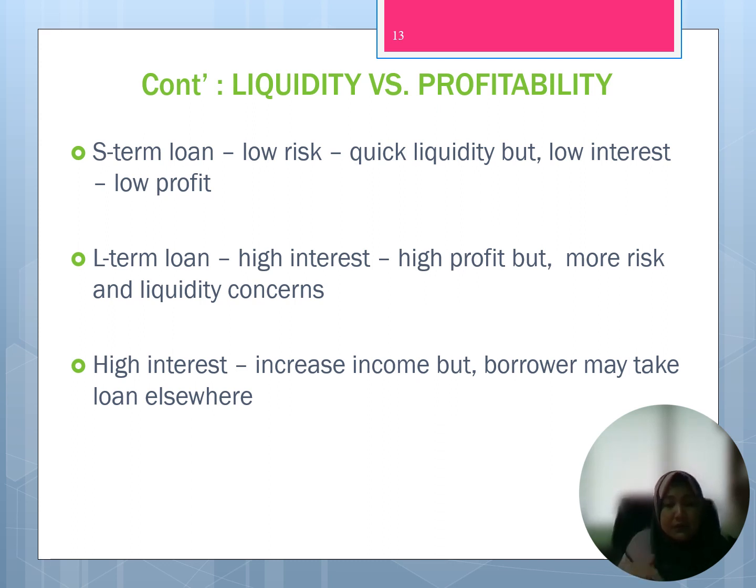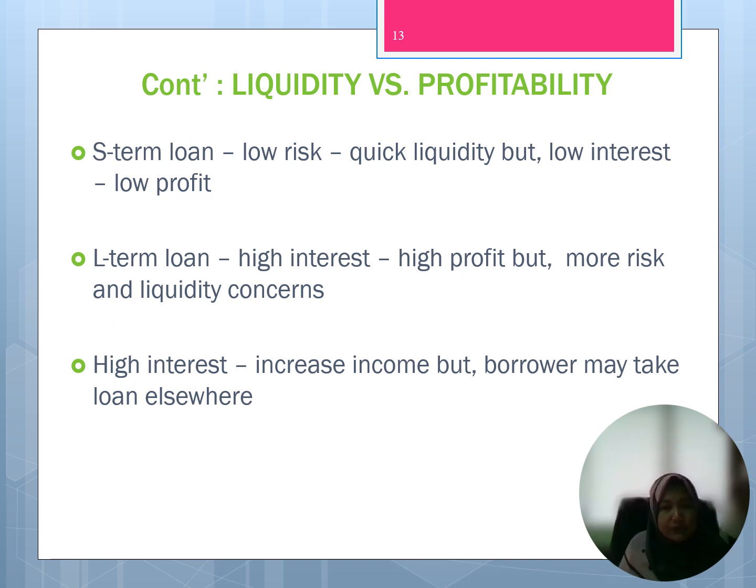The level of liquidity is high, not the risk, so it means low risk. But on short-term loans, the bank can only charge a low interest rate, so low profits.